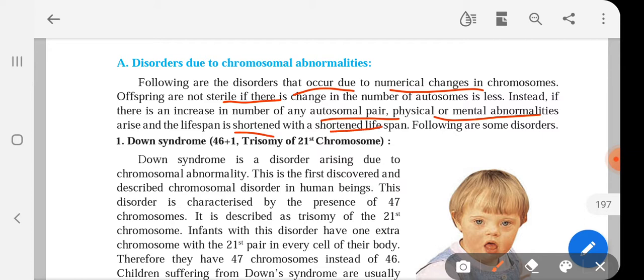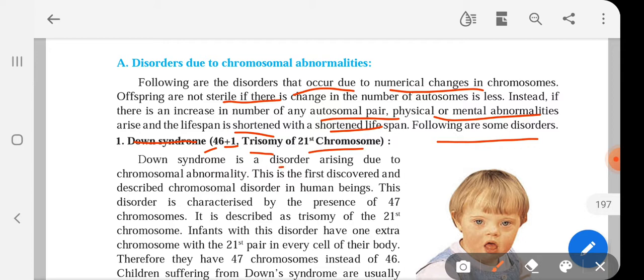With a shortened lifespan, following are some disorders. The first disorder is called Down syndrome, which is due to one extra chromosome. Normally we have 46 chromosomes or 23 pairs. Here there is 46 plus 1, also called trisomy of 21st chromosome.